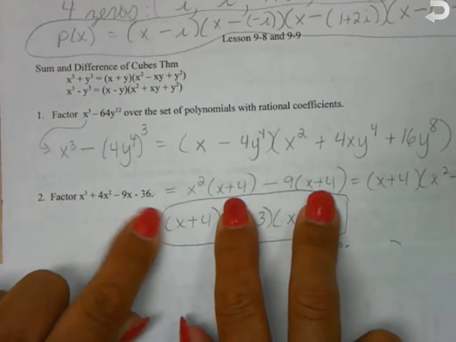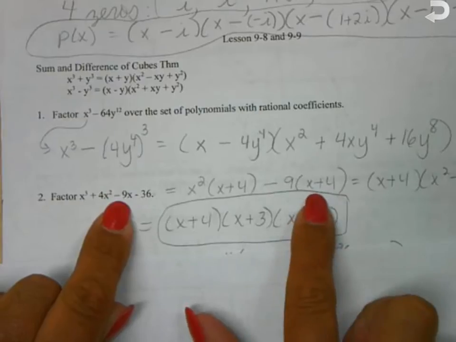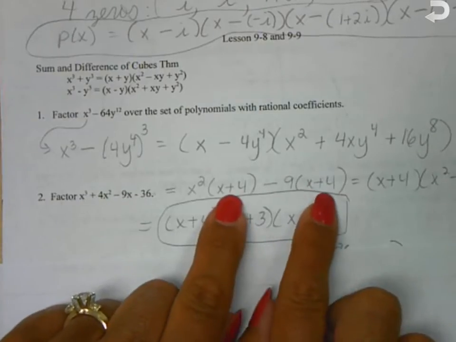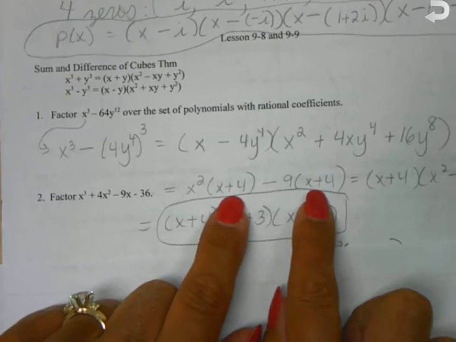That's the case for this. I'm using factoring by grouping. Grouping the first two together, I factored out the common factor of x squared, and was left with x plus 4. The last pair had a common factor of negative 9, and I factored that out.